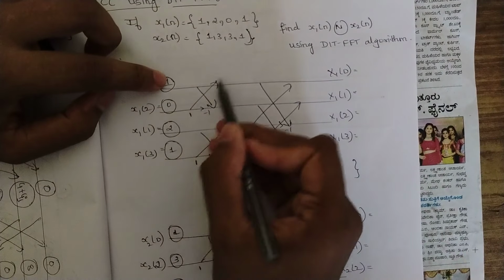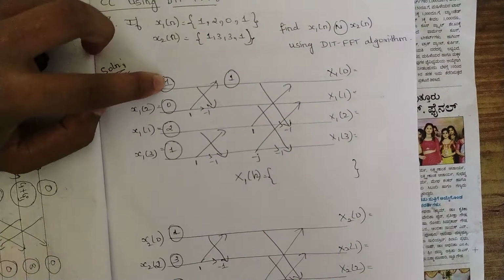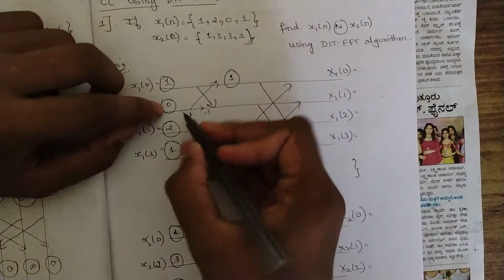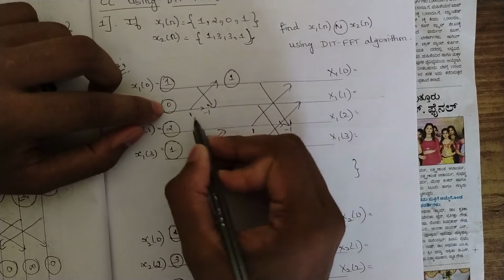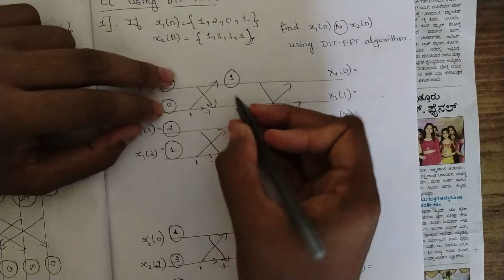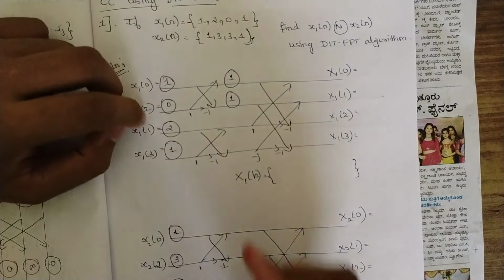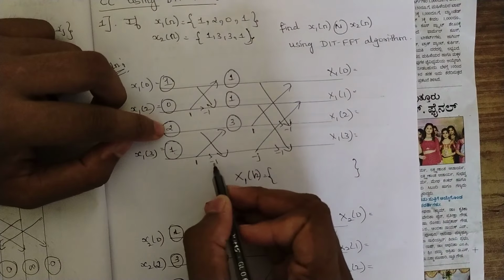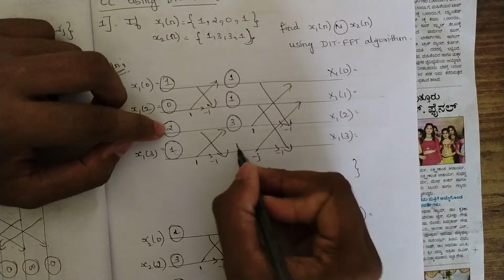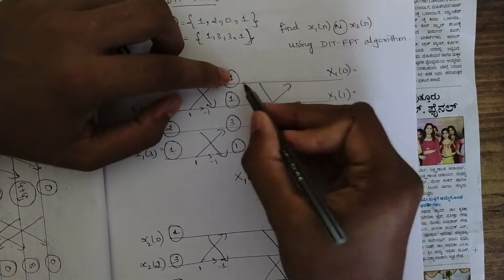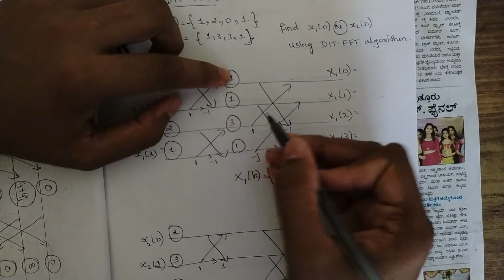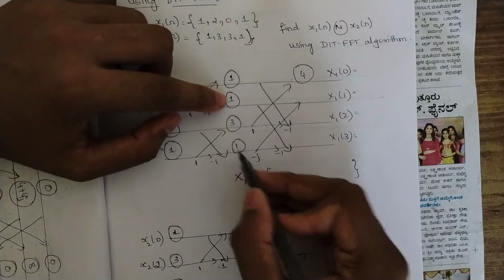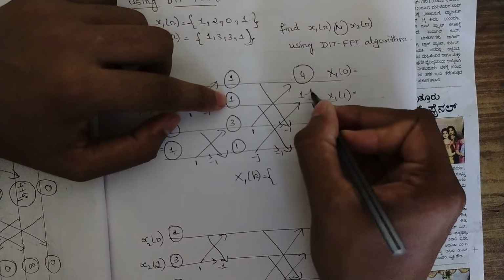Yeah, so now let's solve quickly. 1 plus 0, that is 1. Then we have 0 into 1 into -1 is 0, plus 1, again 1. 2 plus 1, 3. 1 into 1 into -1 plus 2, that is 2 minus 1 is 1. In the next stage, 1 plus 3 into 1 is 3, so 1 plus 3 is 4, and 1 into -j, that is 1 minus j.